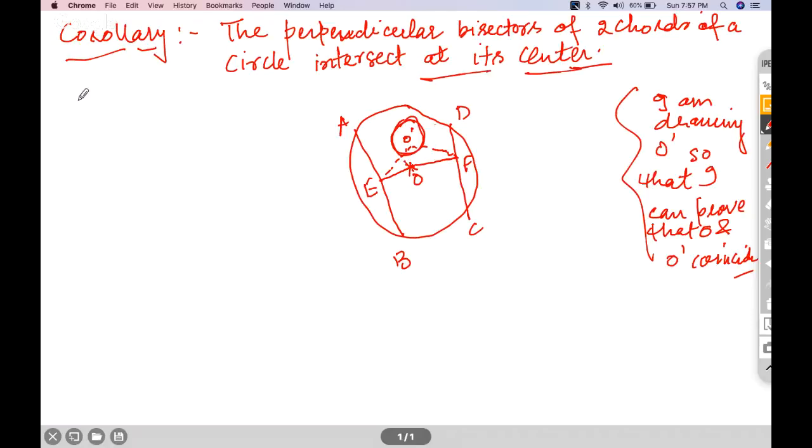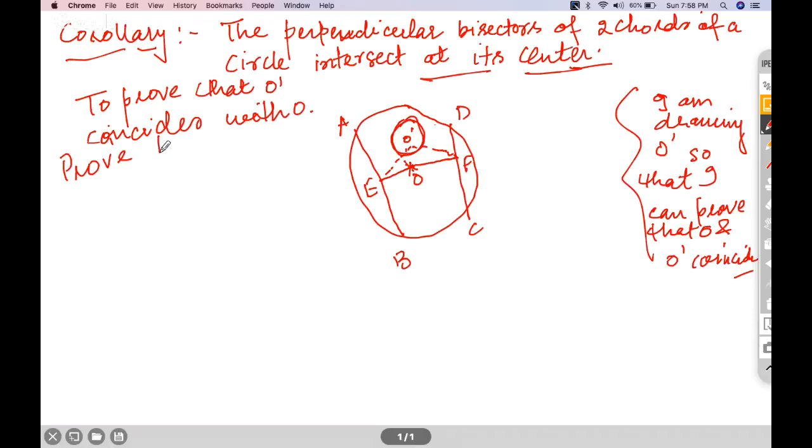So I have to prove here that O dash coincides with O. So for that I have joined OE and OF. Now it has been given that they are perpendicular bisectors.